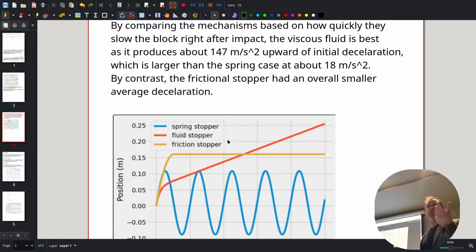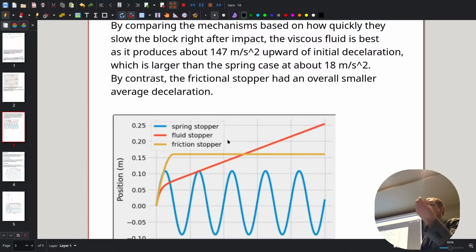So that's one, and again, it's a minor point, but one thing that's really great here is that they are quantifying. They're using specific numbers that they pulled from their data to say, hey, look, viscous fluid has the best stopping. It has the highest acceleration, and if that's your number, then that's what you're reporting.